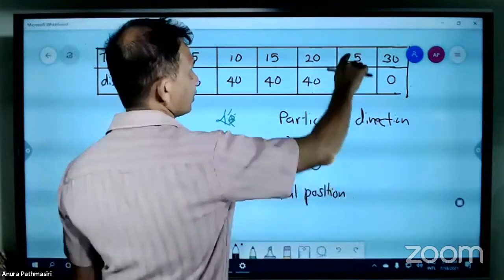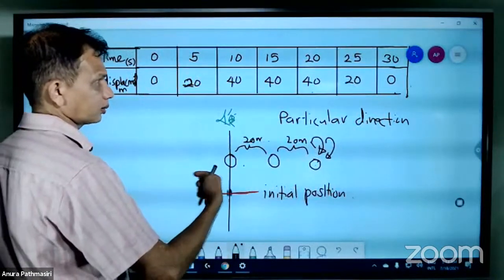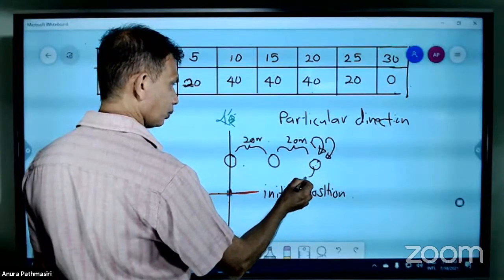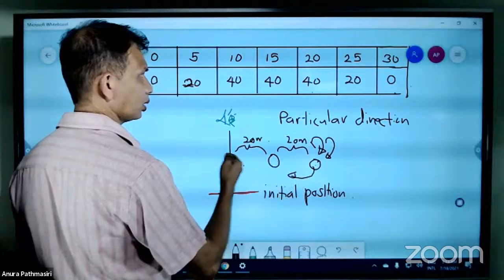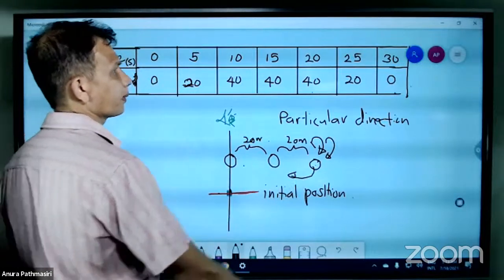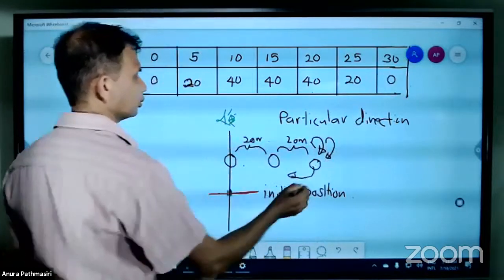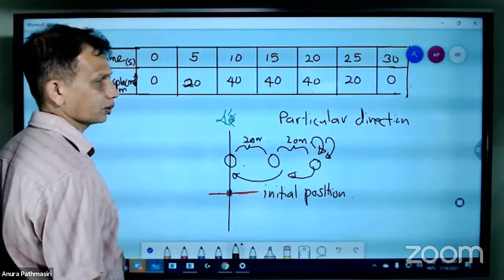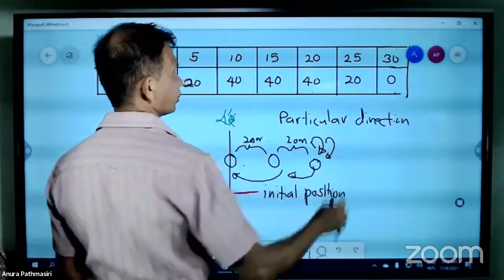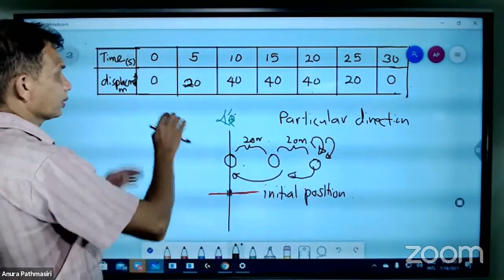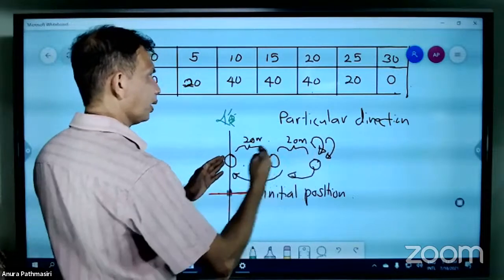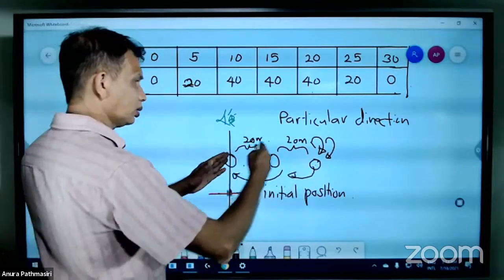That means it has turned back and now it's going towards the opposite direction. When it is 30, it has come to the initial position, that means 0.